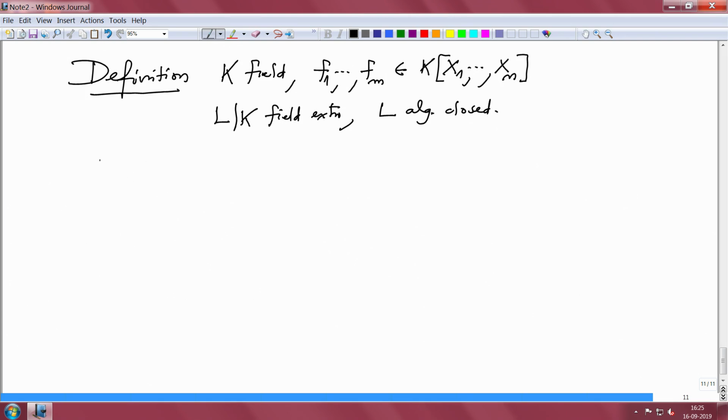Then we are looking at this notation V_L(F1, ..., Fm).